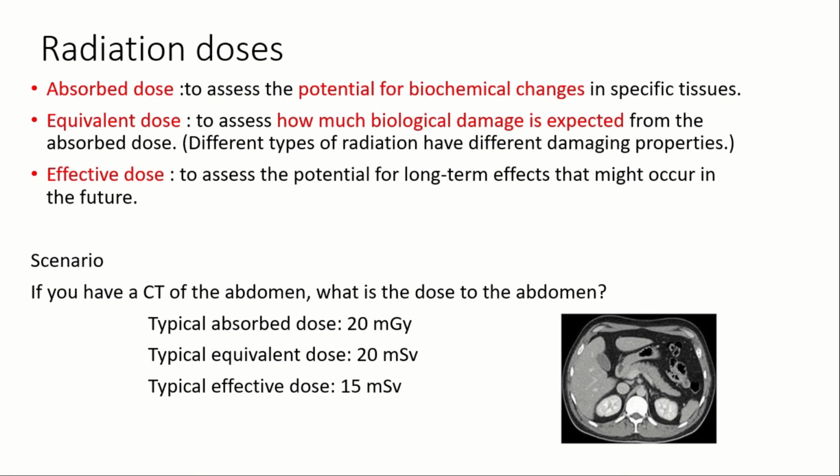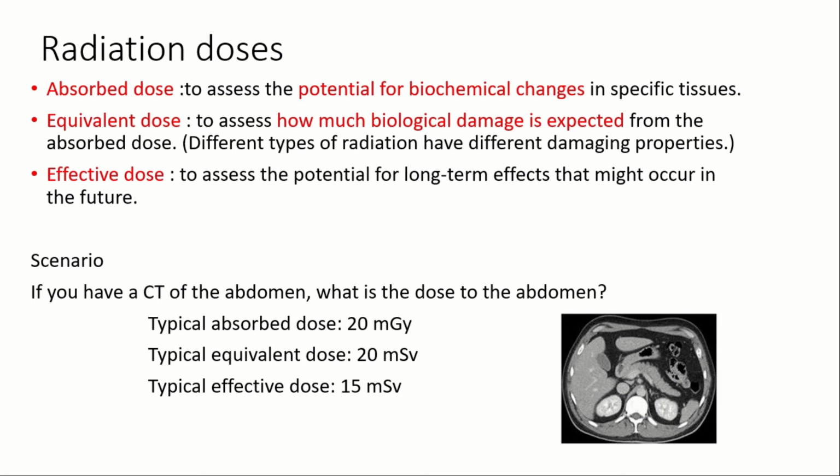So let me explain what the absorbed dose, equivalent dose, and effective dose are. The absorbed dose is the concentration of energy deposited in tissue as a result of exposure to ionizing radiation, because X-ray, unlike sunlight, can penetrate deep into our body.